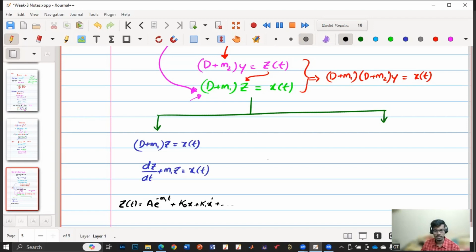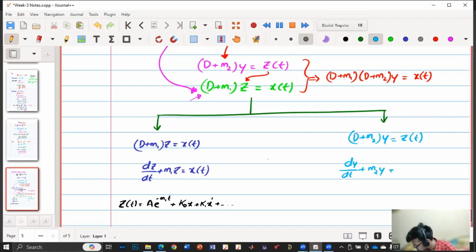Now we'll get back to the other part, which is (D plus m2) into y is equal to z of t, which means dy by dt plus m2y is equal to z of t.